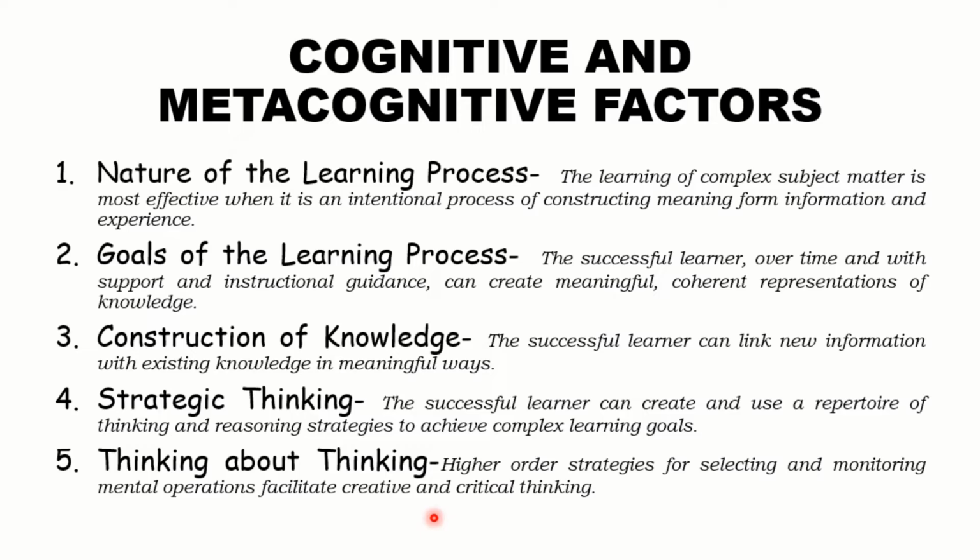So we have also here what we call the instructional methods that focus on helping learners develop these higher order, or we call the metacognitive strategies that can enhance student learning and personal responsibility for learning.